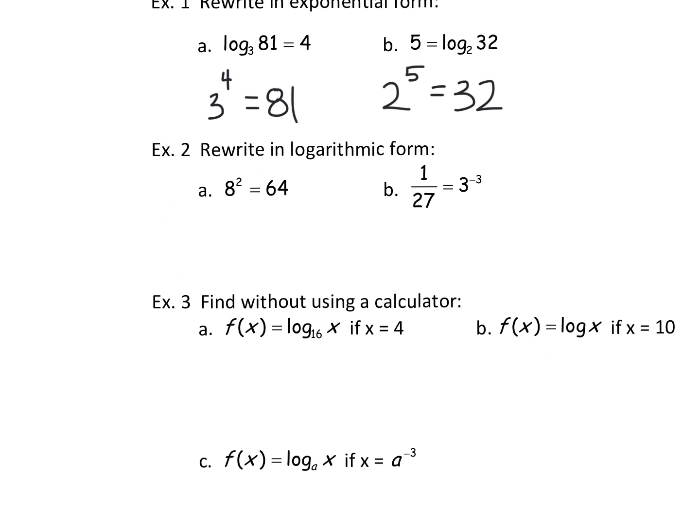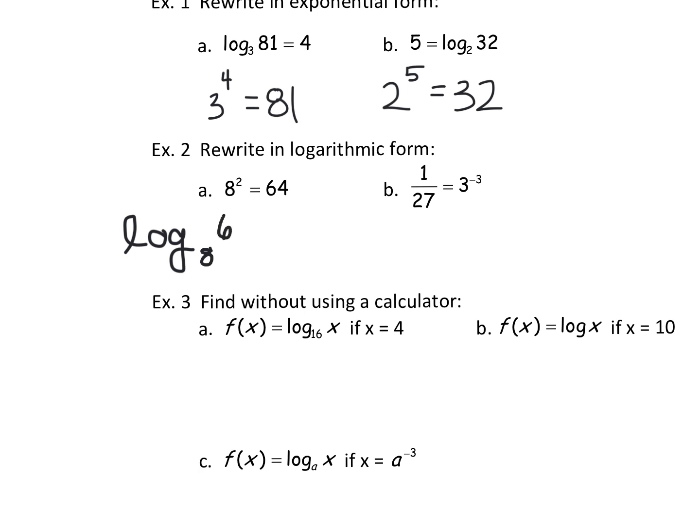So coming back to example 2 here, if we want to write these exponential equations in log form, first write the notation of log. I usually like to write it with a cursive L instead of a lowercase L, so it doesn't look like a 1. Don't have to do that though. The base is 8.